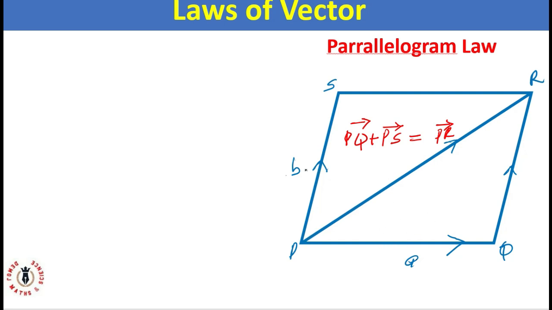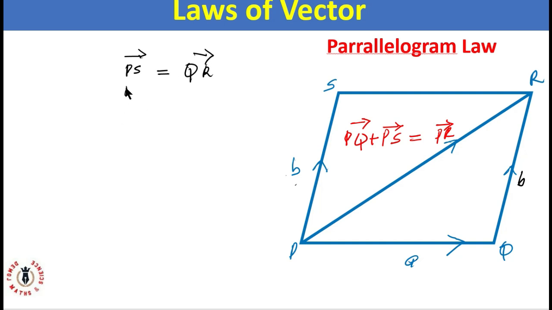From P to S has been tagged B. From Q to R can also be tagged B. They are equal. That is, PS is equals to QR.